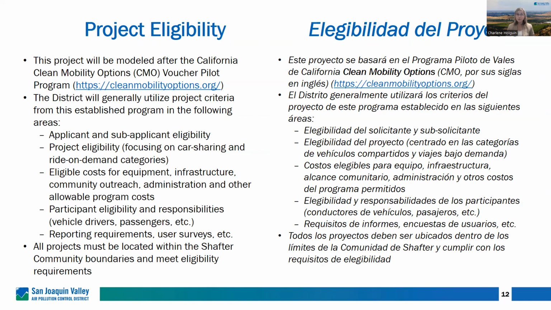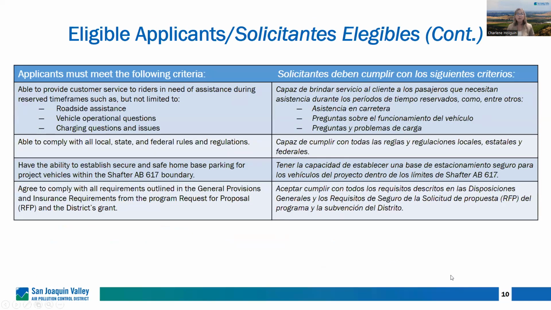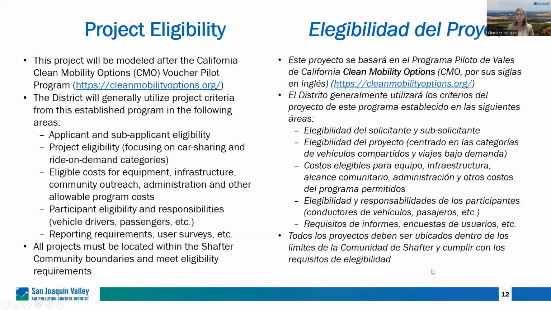Project eligibility was determined by a model after the California Clean Mobility Operations CMO Voucher Pilot Program. There is a link on this slide that shows the document. So you're able to click on that link and read some of the criteria that we use.